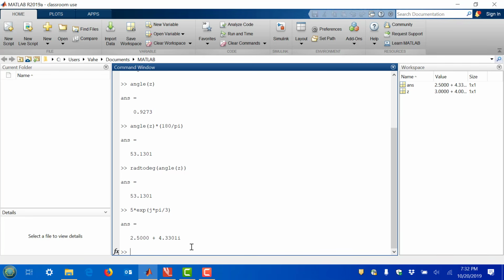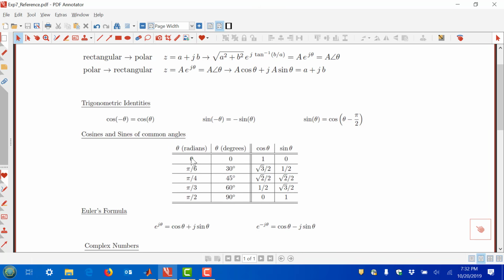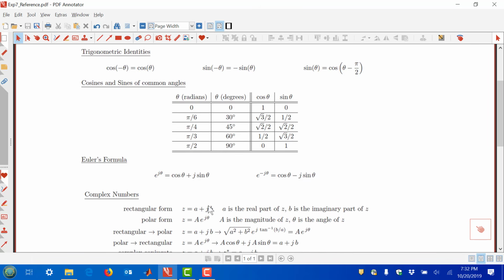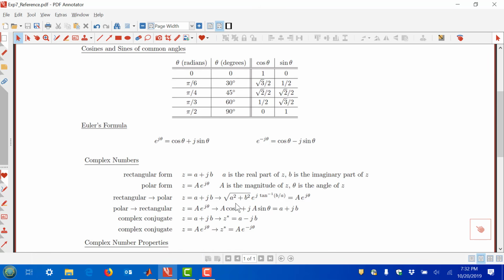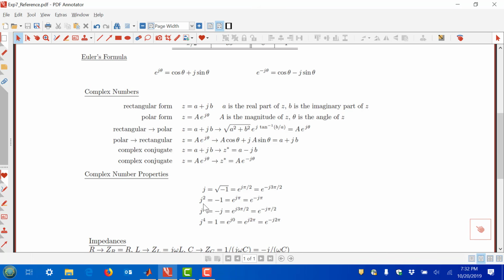On my reference sheet, I have also given you information regarding that. Here are some typical angles in radians and degrees, their cosines and sines. Here's the Euler formula again for e to the j theta, e to the minus j theta. Also some quantities here for j squared, some simplifications.